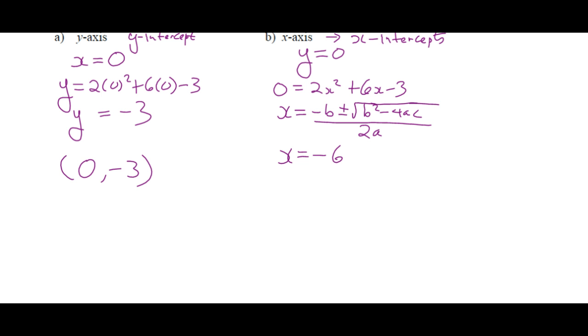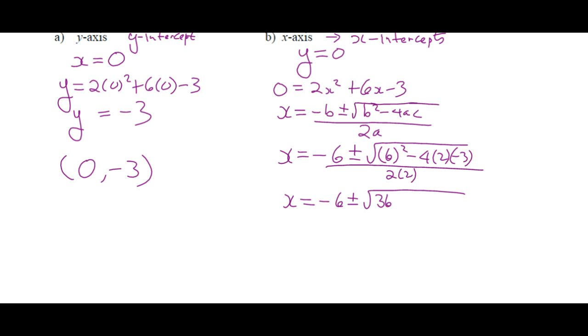Okay, so negative 6 plus or minus the square root of 6 squared minus 4 times 2 times negative 3. All right, so we just kind of pound through this, right? So it's 36 plus 24 over 4, and that'll make that 60.